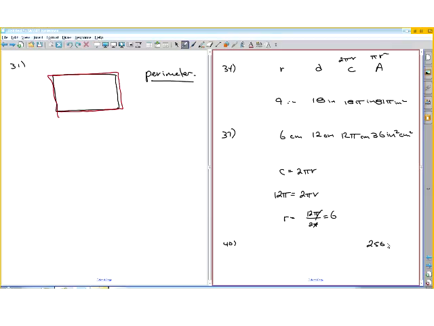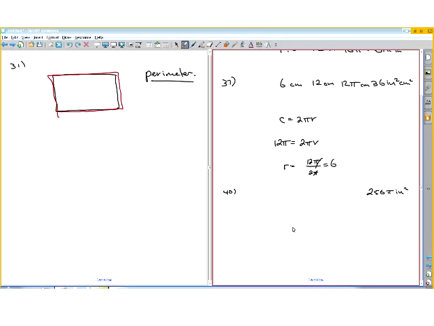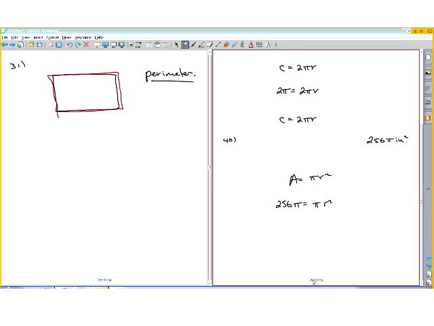Okay, and the last one, we're given the area, 256 pi inches squared. So what's the area? The area is equal to pi r squared. So 256 pi is equal to pi r squared. So r squared is equal to 256 pi divided by pi.